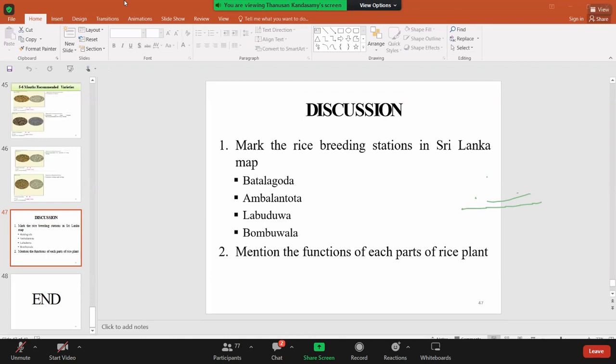So from next week you have to be ready with your PowerPoint presentation of 10 minutes for each group.